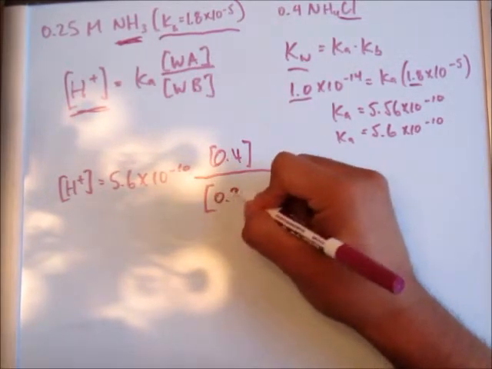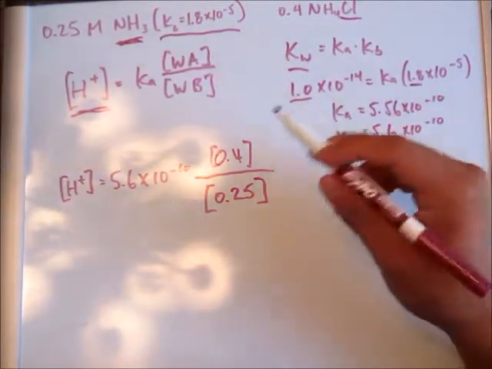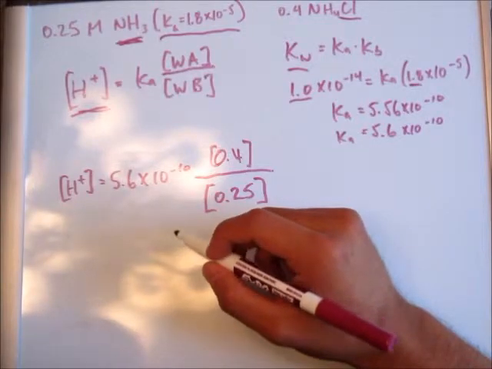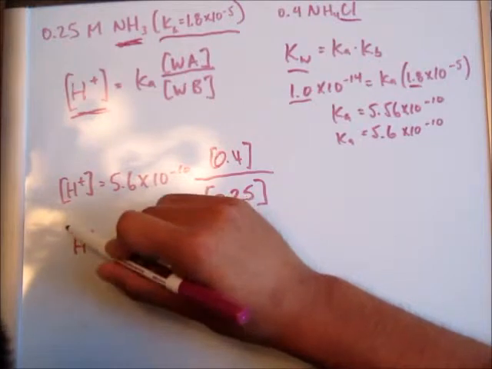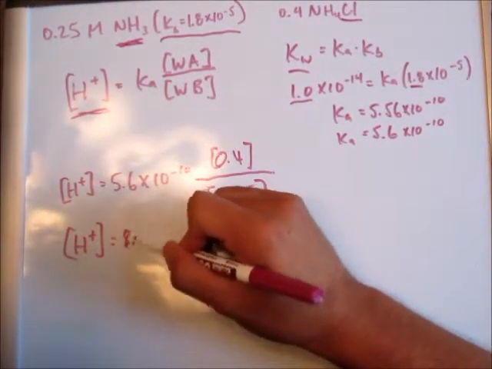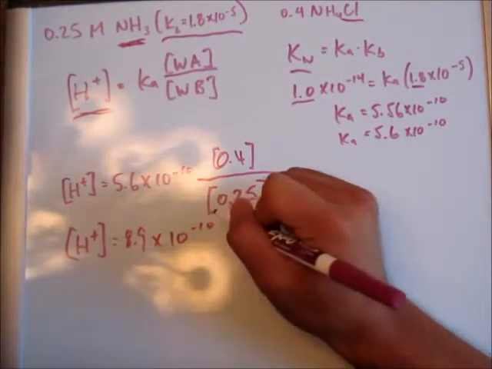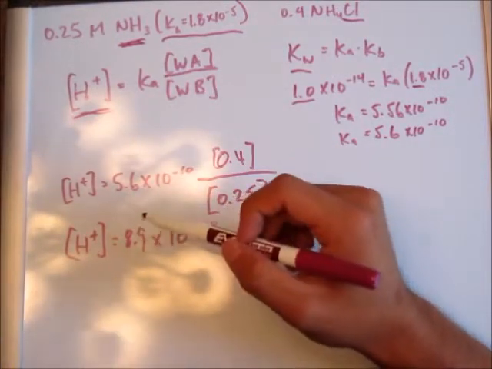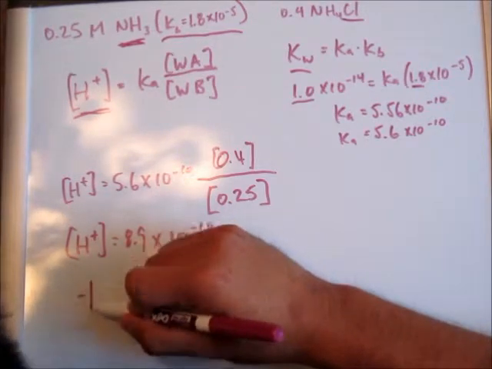Now we just plug into the calculator, and we get an H plus concentration of 8.9 times 10 to the negative 10. Now that we know the H plus concentration, we have to plug it into the pH equation, which is negative log base 10 of the H plus.